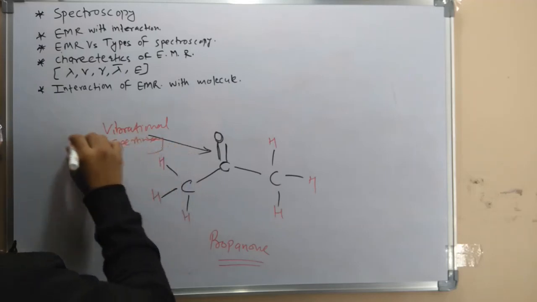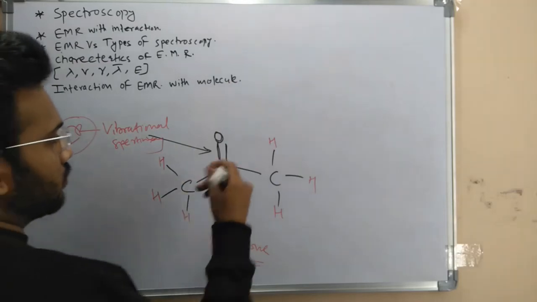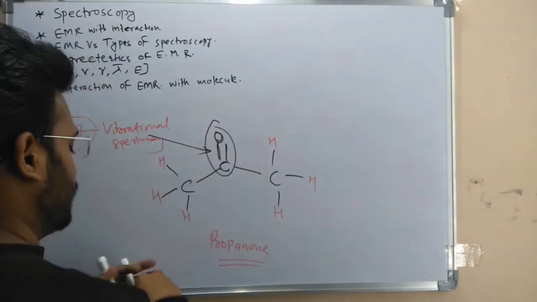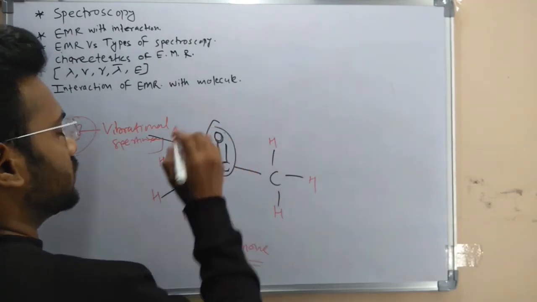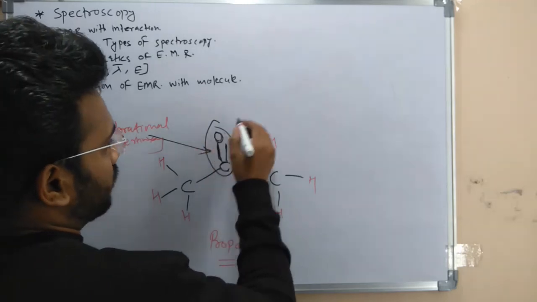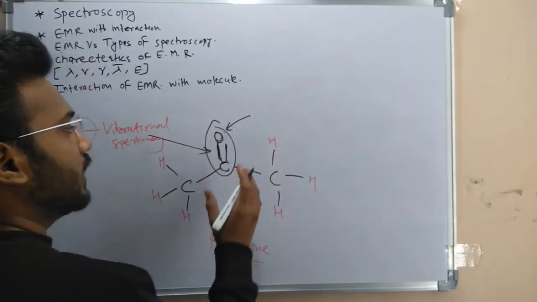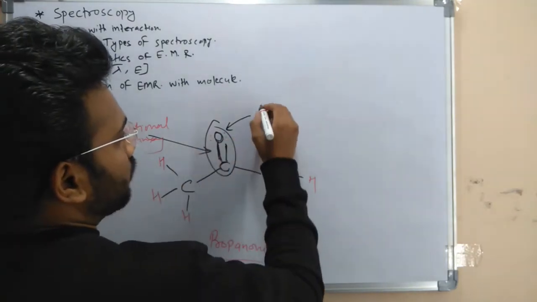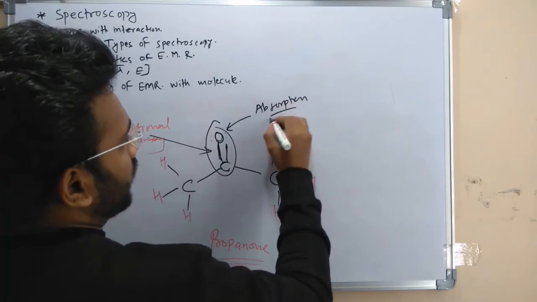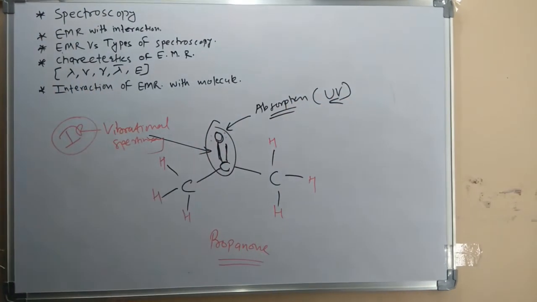Also, on the carbonyl there are unpaired electrons, or lone pairs of electrons, and they absorb light. Due to the absorption we call it absorption spectroscopy, and that is UV spectroscopy.